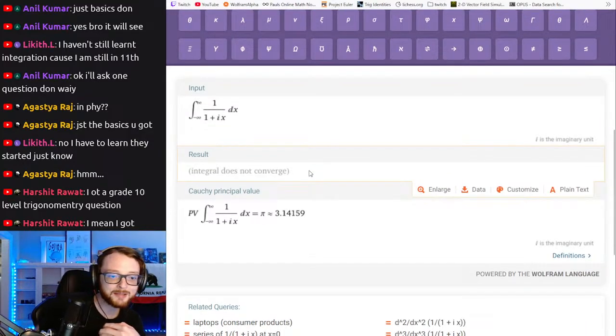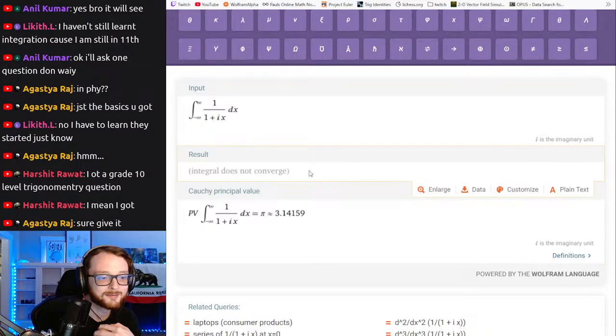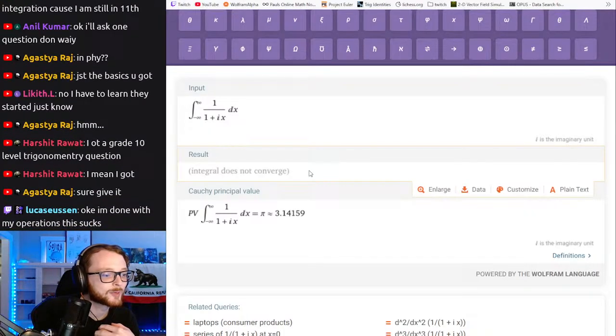Wow, you get pi? Only the principal value integral converges? That seems problematic.